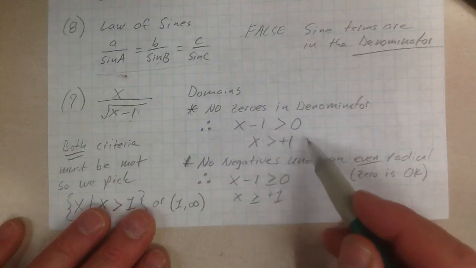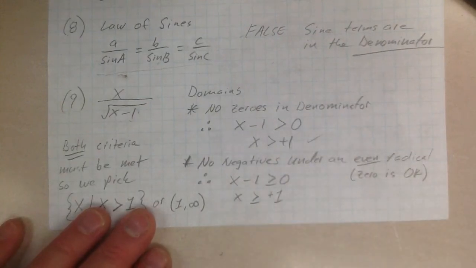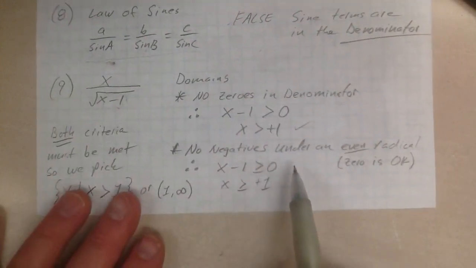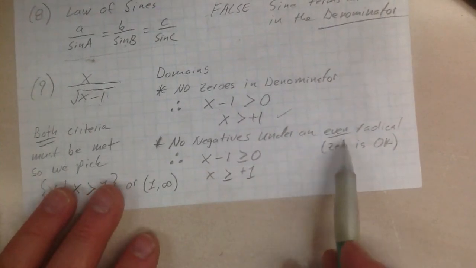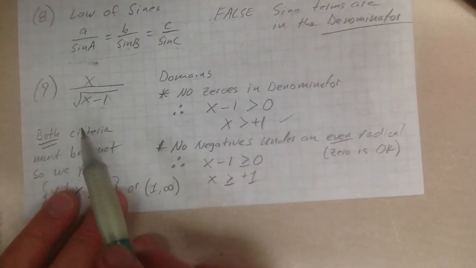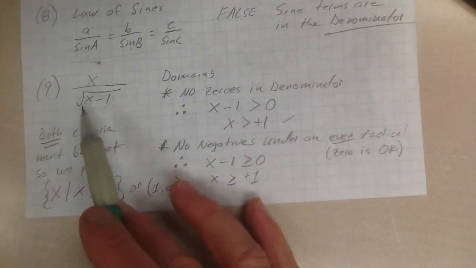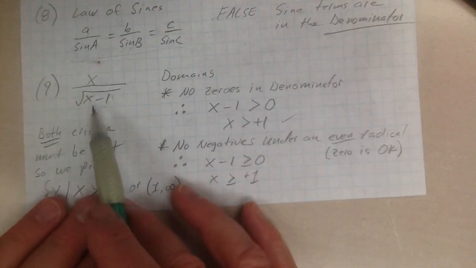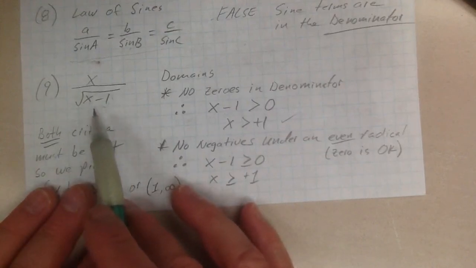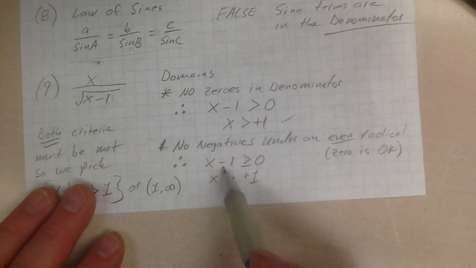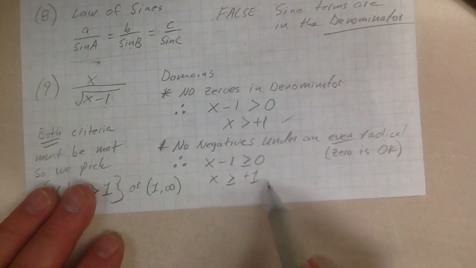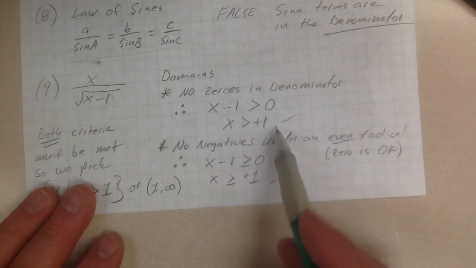Okay, so that's one criterion for my domain. What's the other criterion? No negatives under an even radical: square root, fourth root, sixth roots, things like that. Do not have negatives under the radicals, otherwise you have imaginary numbers. But I can take the square root of 0, that's okay. So according to this radical, I need to keep it non-negative, so x has to be greater than or equal to 1. Which do I choose for this domain?